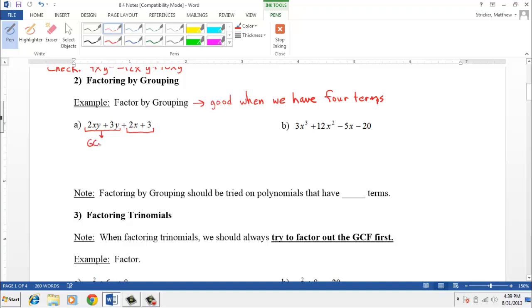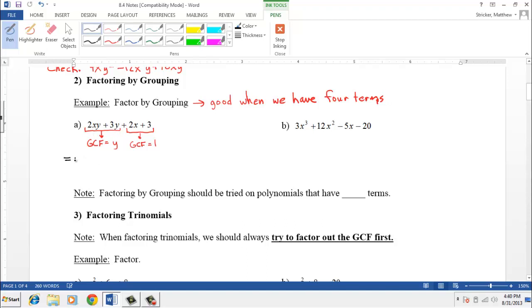The GCF for this first one, I hope everybody agrees, is going to be y. And then there is no GCF here. I mean, if we wanted to say there was a GCF, the greatest thing that goes into both 2x and 3 would be 1. And so the next part of factoring by grouping is we pull the GCF out of our first group.